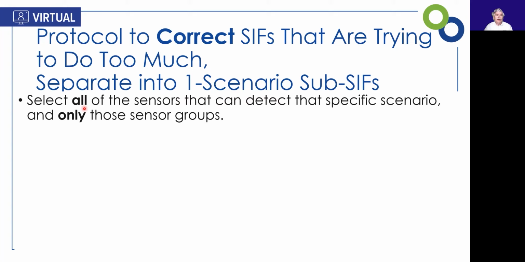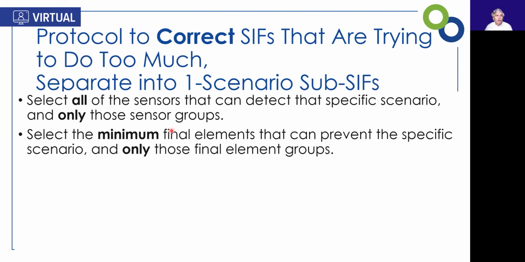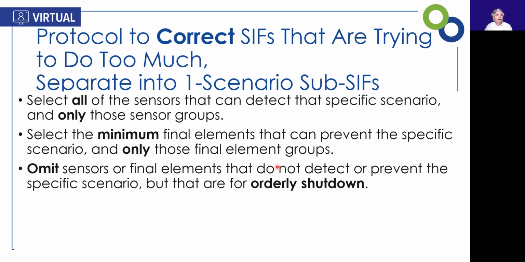So we want to select all of the sensors that can detect that specific scenario and only those sensor groups. We want to select the minimum final elements that can prevent the specific scenario and only those final element groups. We want to omit sensors or final elements that do not detect or prevent the specific scenario. They are there for orderly shutdown.